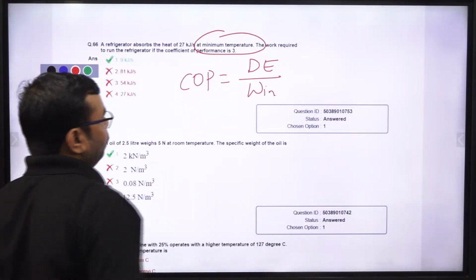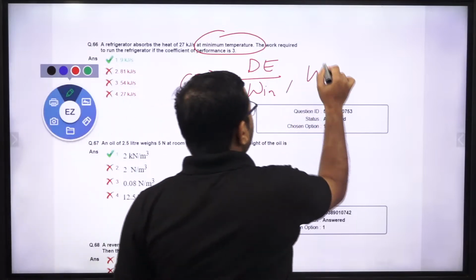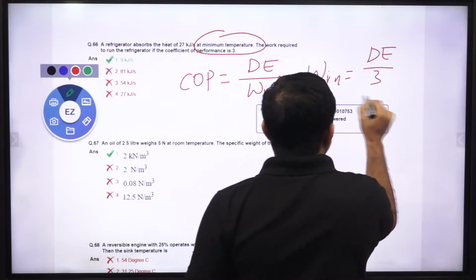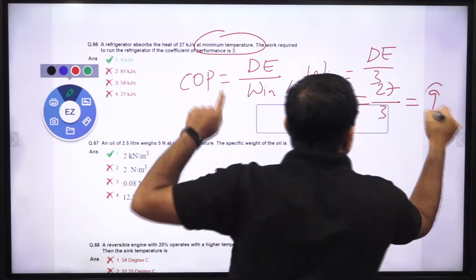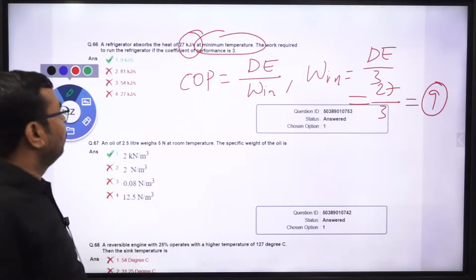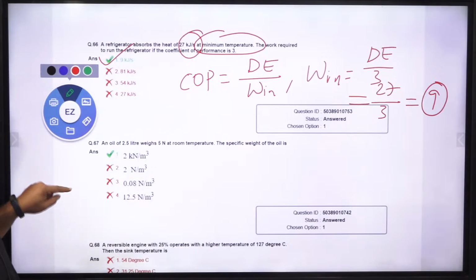Correct. So COP is given, and you need to calculate the work input. So this is desired effect over COP. The desired effect is 27 and COP is 3, and the answer is 9. Since the unit is kilojoule per second, we have 9 kilojoule per second. So the correct answer is option first, that is 9 kilojoule per second.